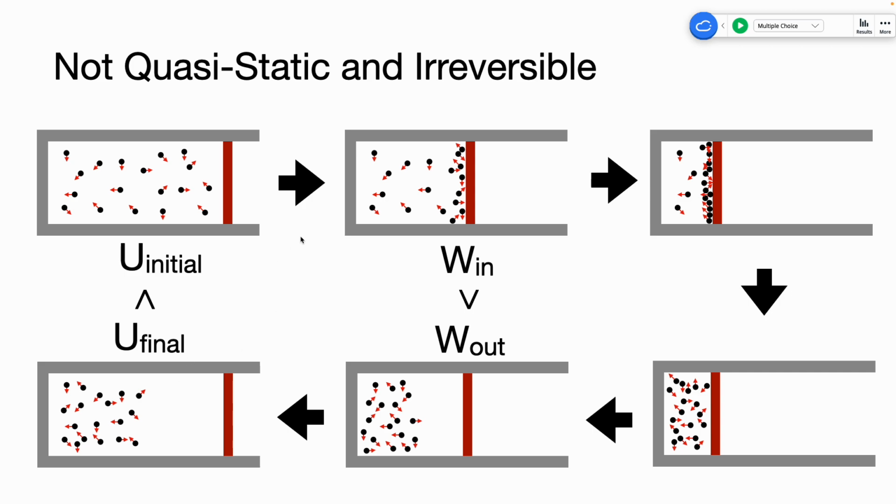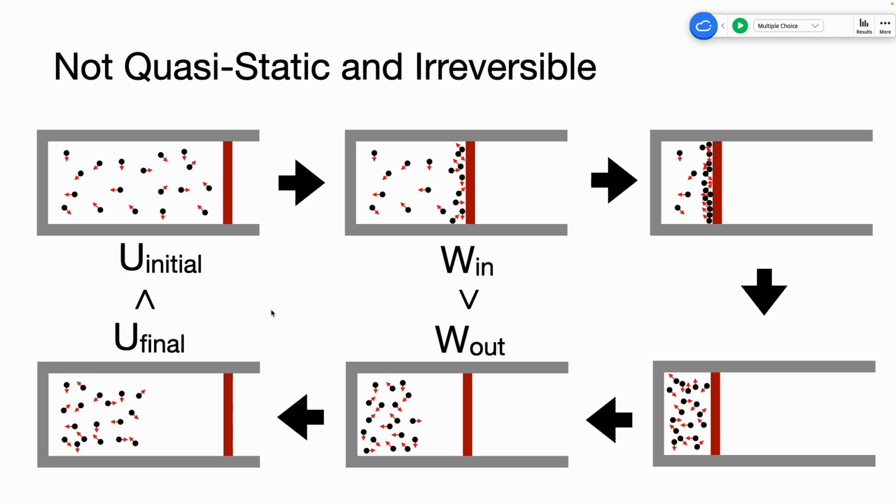So even though the piston is back to the initial position, the energy of the gas decreases overall, because the work that flows out is bigger than the work that flows in. Okay? So you see that if a process is not quasi-static, then it will definitely be irreversible. You must have a quasi-static process to have a reversible process.